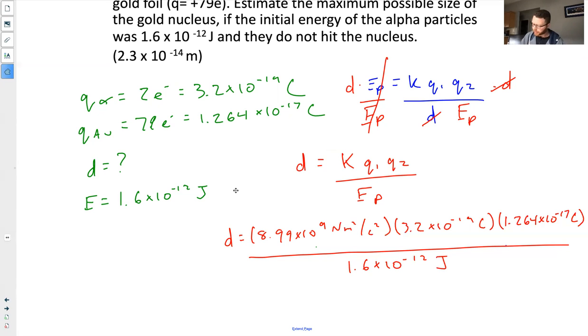Punch this into your calculator and you should get a distance, rounded to 2 sig digs, of 2.3 times 10 to the negative 14 meters.